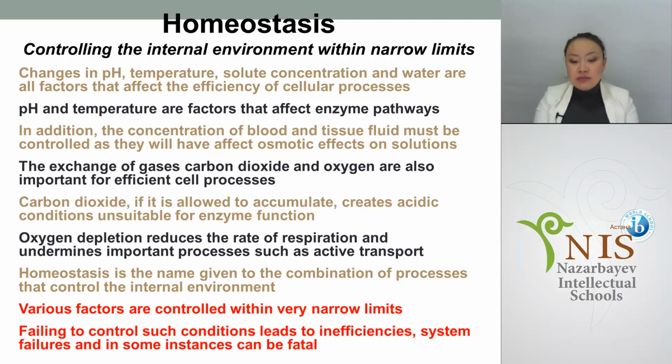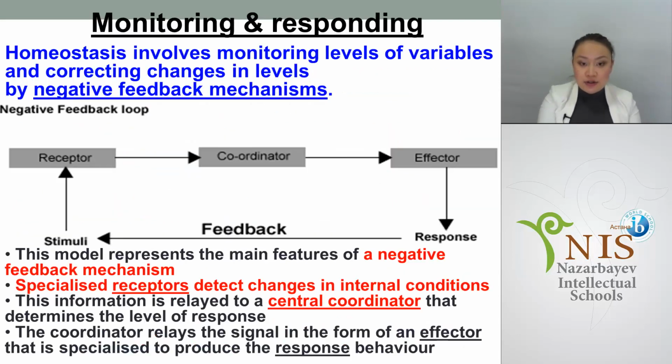Homeostasis is the name given to the combination of processes that control the internal environment. Various factors are controlled within very narrow limits. Failing to control such conditions leads to inefficiencies, system failures, and in some instances can be fatal.